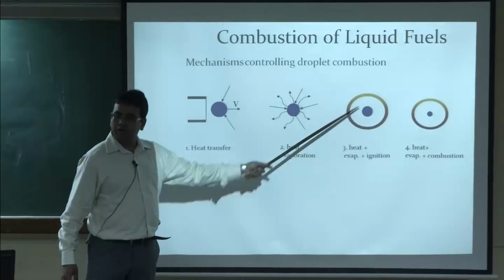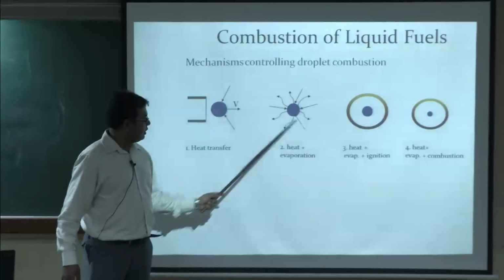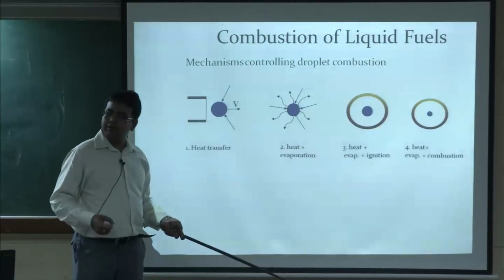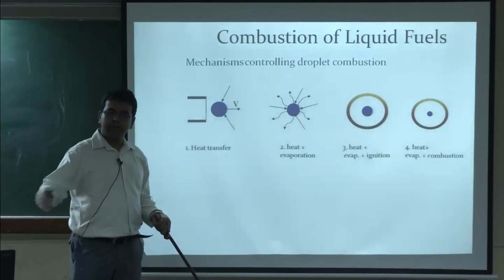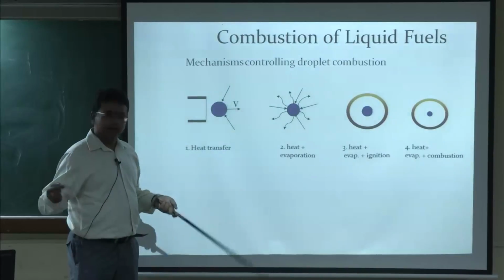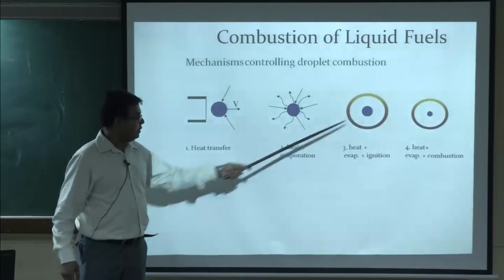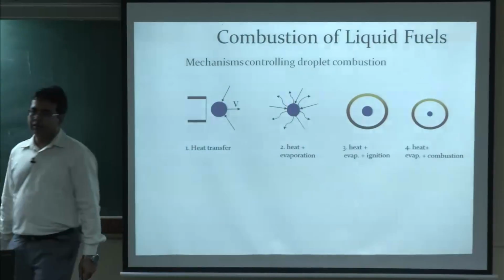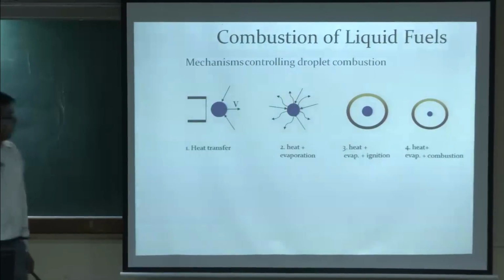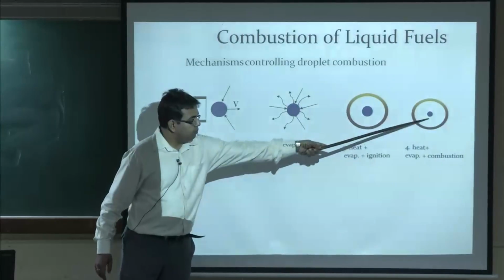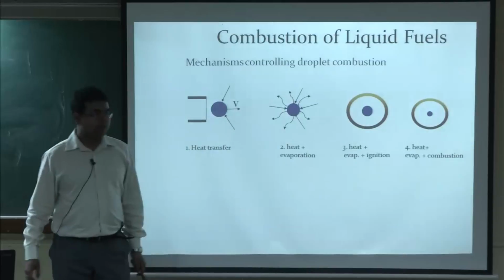Here the temperature may not be very large. Suppose you are injecting the droplet at 300 Kelvin into a medium that is at 500 or 600 Kelvin. The heat transfer may not be very great, but when there is a flame surrounding the droplet, the heat transfer rate increases manifold, multiple times, and then you can see that it burns very quickly.